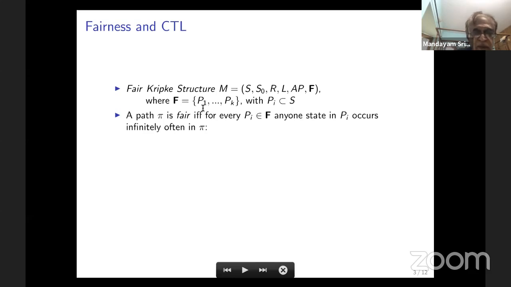Each constraint is a set of states, and a path in the Kripke structure is defined to be fair with respect to the fairness constraint F if and only if for every constraint Pi in F, any one state in Pi must occur infinitely often.